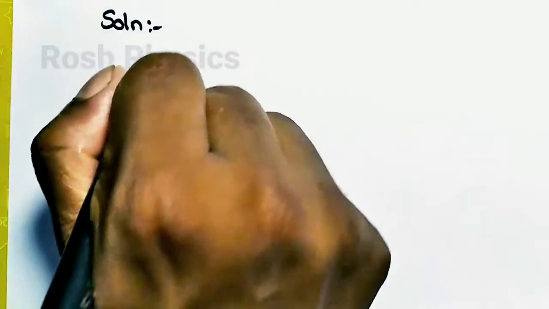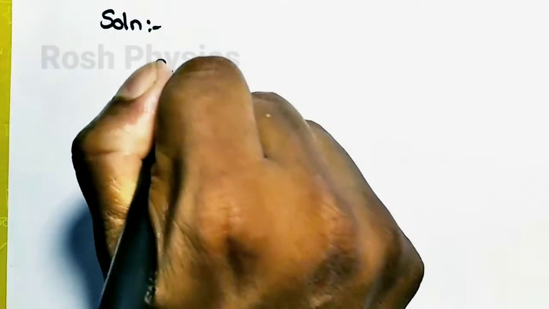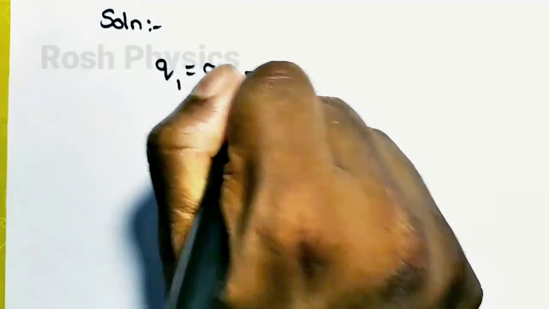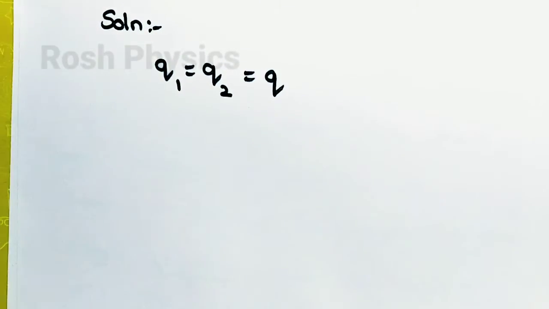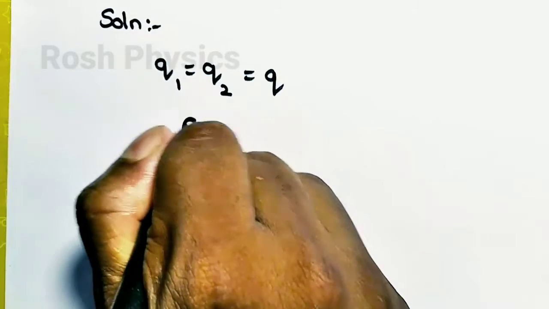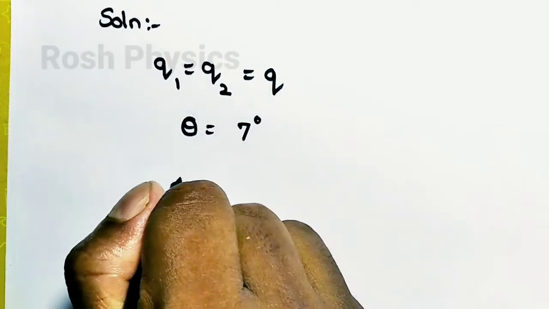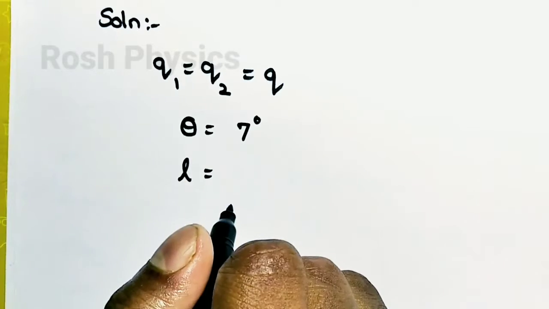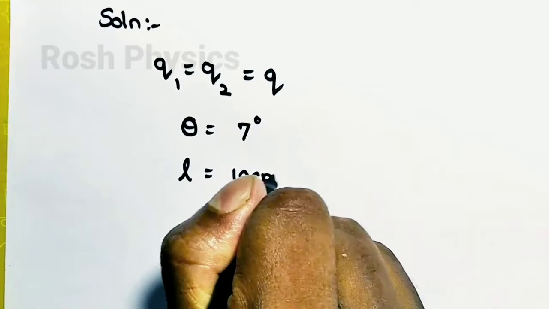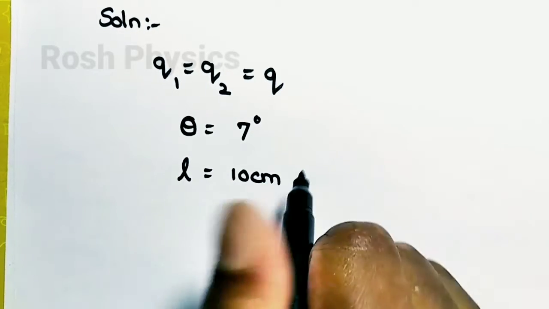First of all I need to write what is given here. In the solution, I am writing the first given, two equally charged spheres, so Q1 is equal to Q2, it may be Q only. Another thing, theta is 7 degree. Next, L is equal to 10 centimeter.